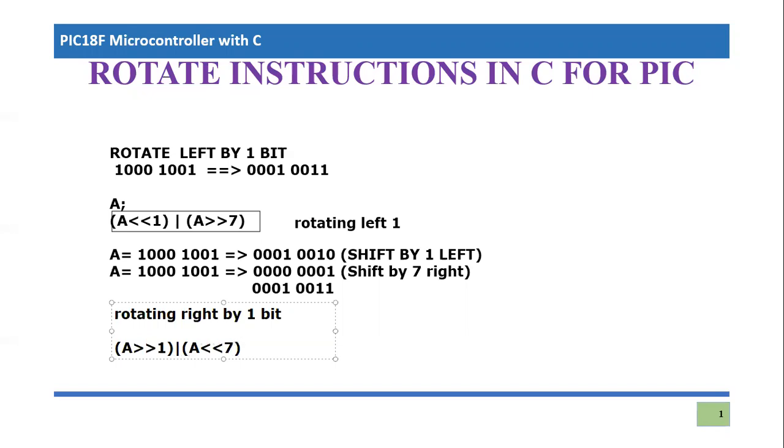That should be the result which should work for you, and I hope you can test this logic yourself as I have tested here for left. So using these 2 lines or these 2 syntaxes, you can rotate your data or variable towards the left side or towards the right side by any amount you want, right?